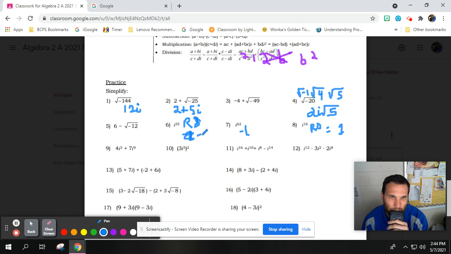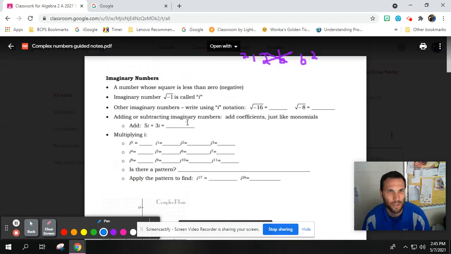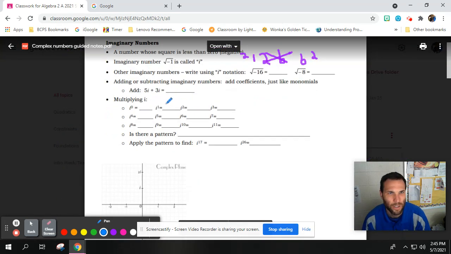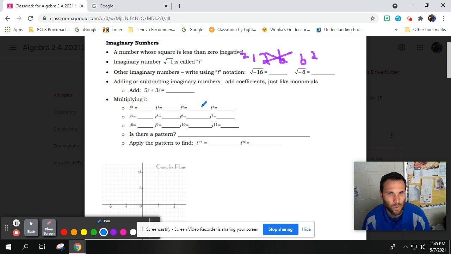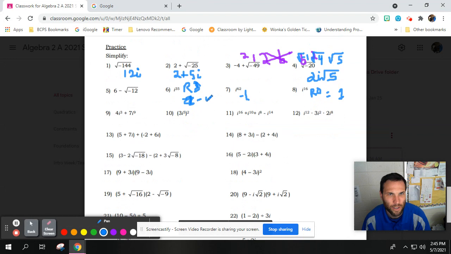It's got to be, let me think. 1, i, negative 1, negative i. It's negative i. So this is negative i. There we go.